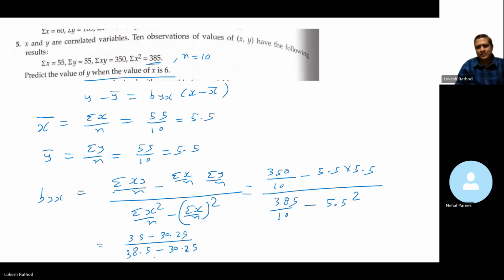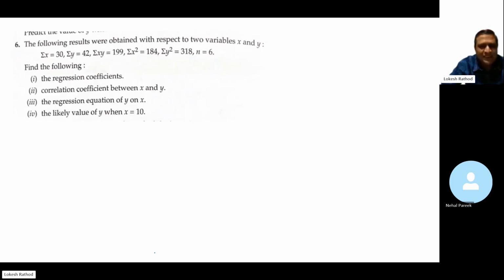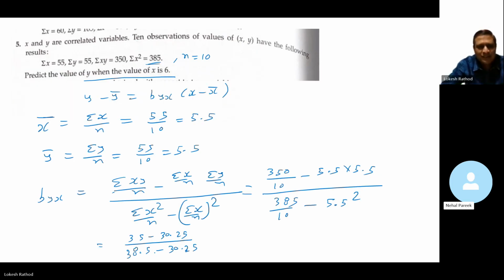Have I told you how to find squares easily? So 5, after 5, 6 comes. So 5 times 6 is 30, and then you write 25, right?